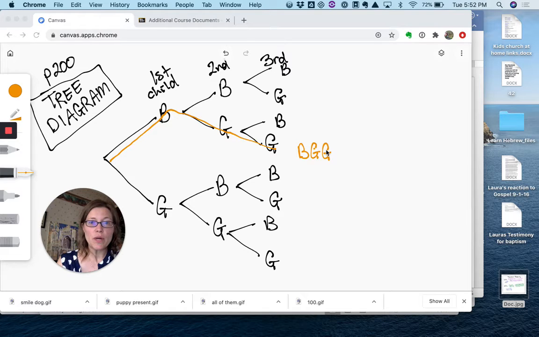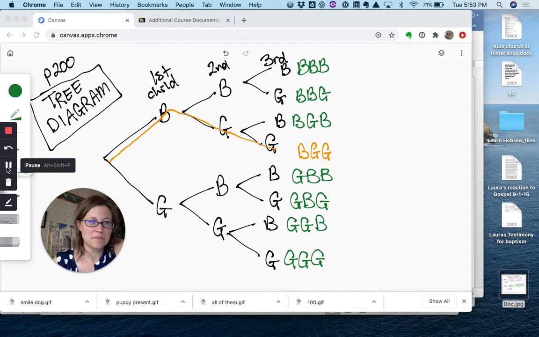So pause the video again and go ahead next to each final branch, write down what the overall outcome is that it represents. So remember, you're starting at the beginning with each one and you're tracing the path necessary in order to get there, and then you write whether or not each one was a boy or a girl in order to end up in that spot. So pause and try it. Is this what you have?